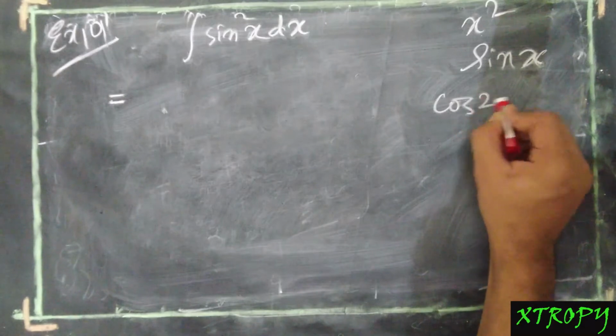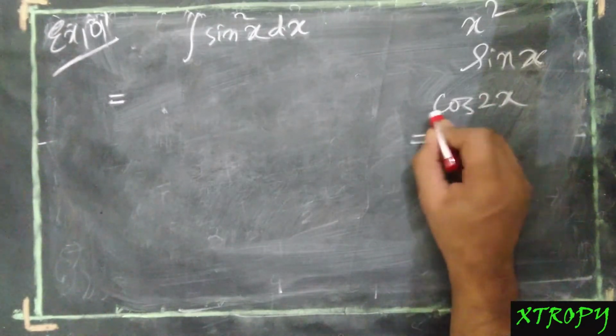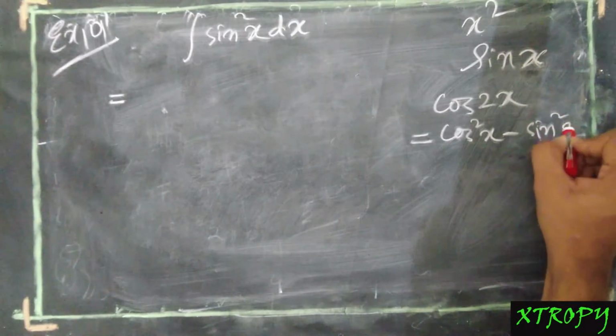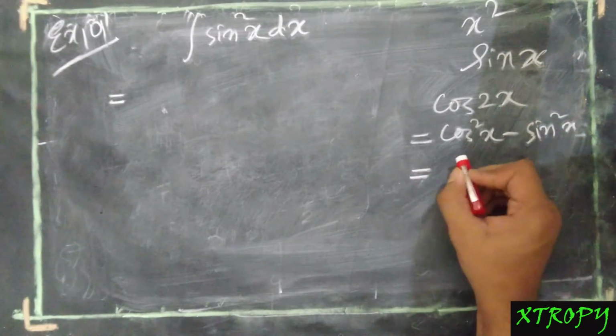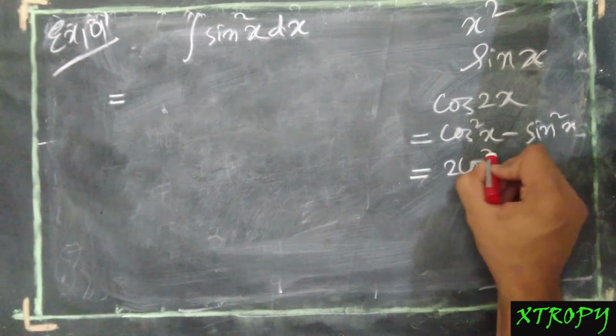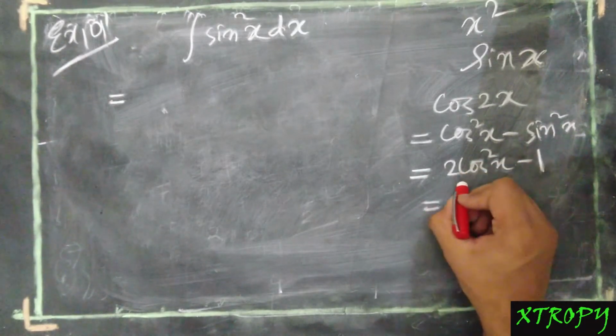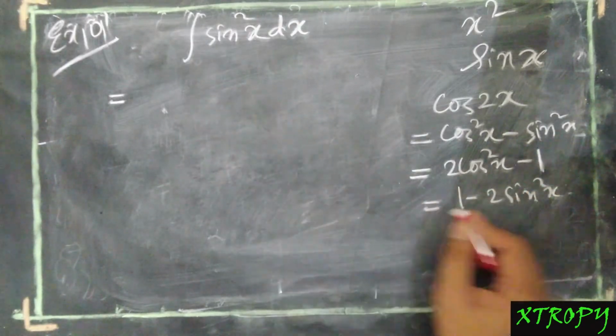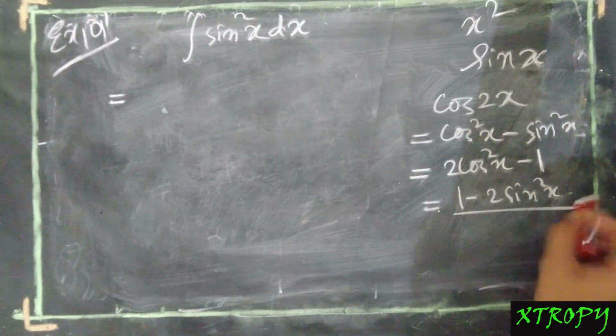We can write cos 2x in 3 forms actually. Cos 2x can be written as cos square x minus sine square x. I think this is the most popular one. You can write it as 2 cos square x minus 1, or you can write it as 1 minus 2 sine square x. So we see a thing of our use in this third form, right?